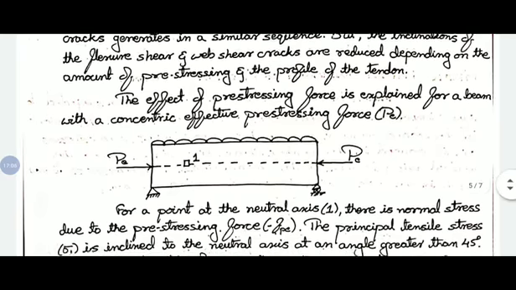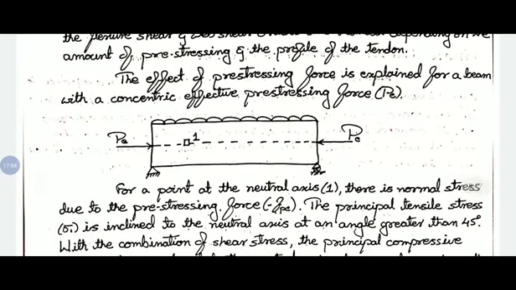If you observe the figure, the effect of pre-stressing force is explained for a beam with concentric effective pre-stressing force. The tendon is straight and passing along the neutral axis of the beam, so that is concentric pre-stressing force. For a point at the neutral axis, which we have considered as element number 1, there are normal stresses due to pre-stressing force.